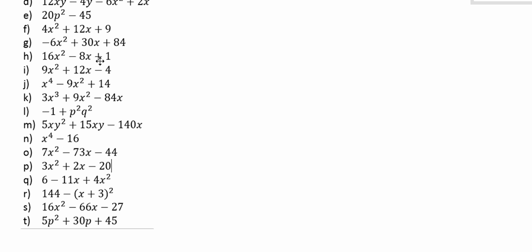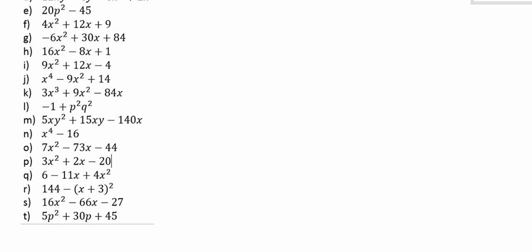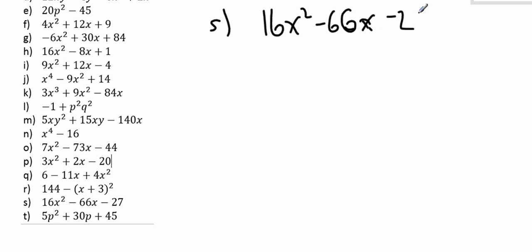Almost done factoring. Let's look at question S. So can I common factor? No, 16 is divisible by 2, 4, 8, 16, 27 is divisible by 3, 9, 27.